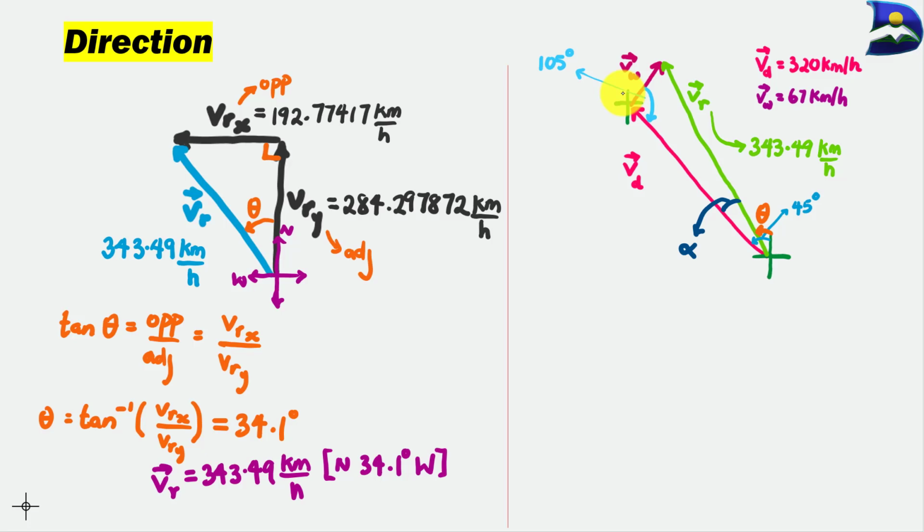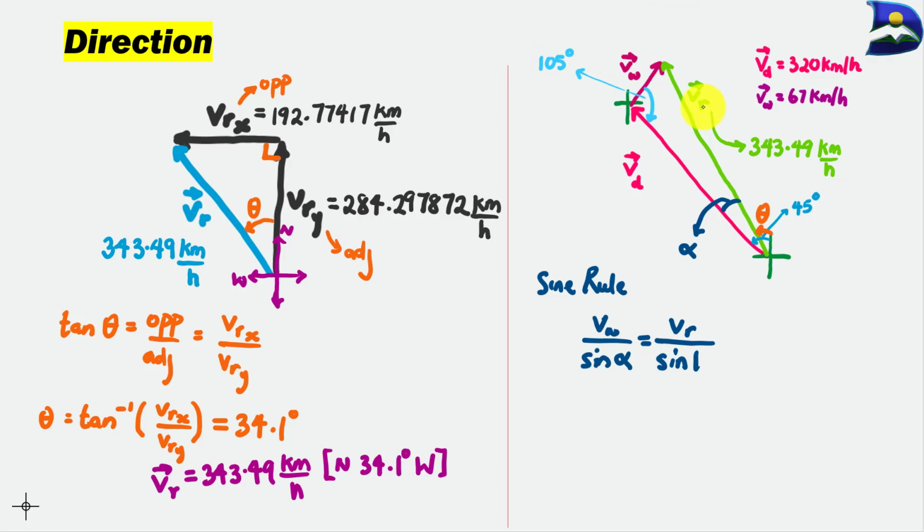And so through the sine rule, we recognize that our wind magnitude, which is represented as VW, is going to be divided by the sine of our alpha, because that is the angle facing the side, and this is equal to the resultant vector in terms of the magnitude divided by the sine of our angle, which is 105, which faces the resultant.